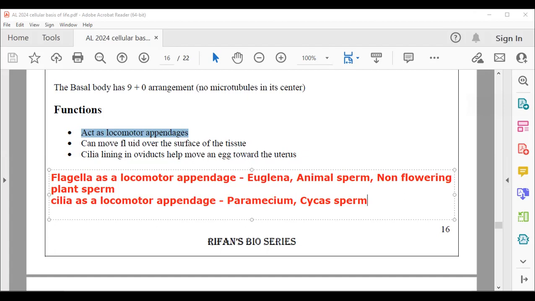Remember, cycas is a non-flowering plant, but specially it locomotes through cilia. Other non-flowering plants use flagella. But that much detail is not necessary at this moment. You just take this one down. For our MCQ, it will be useful.